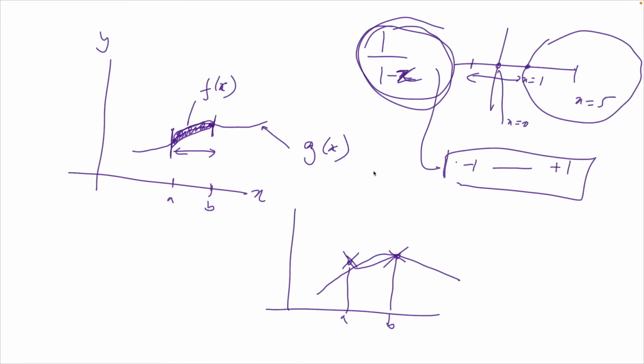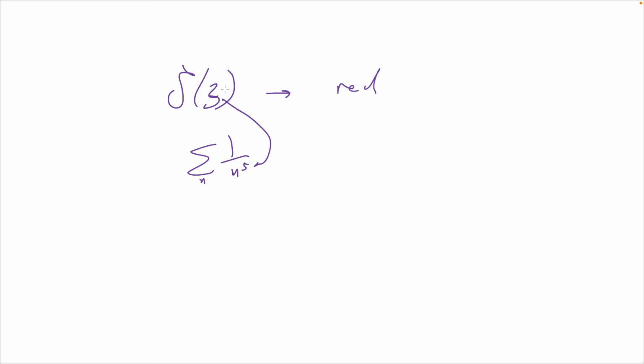Let's draw a picture. If I have the zeta of, say, 2, even if I don't write down the precise value, I know that is real, because it's the sum over 1 over n to the s, and n is just the integers and s is this real value. And you can say 3 and 4 and 5, so zeta of x real is real for x more than 1.